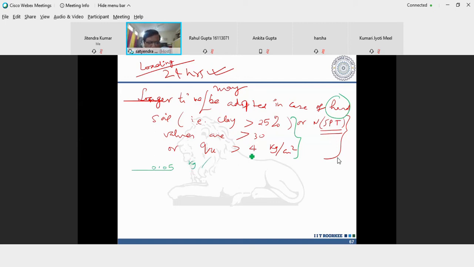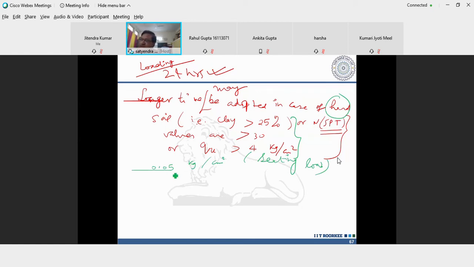This is a seating load, just to ensure that the loading jack, lever arm, soil specimen and the reaction frame are in a line. So this is the first requirement.